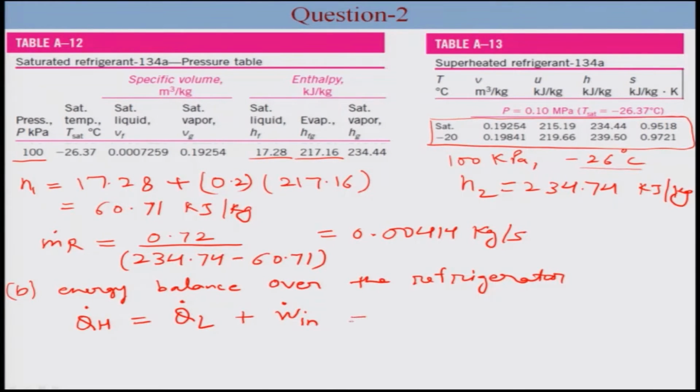So we know all the values except QH dot. So 0.72 plus 0.60 is equal to 1.32 kilowatt. So this much amount of heat is rejected to the kitchen air.